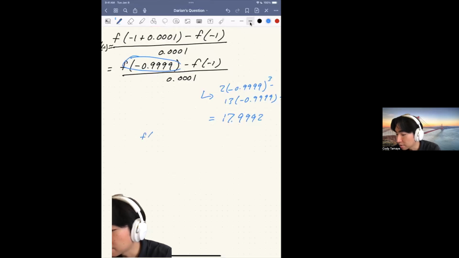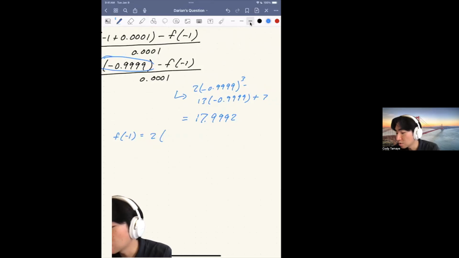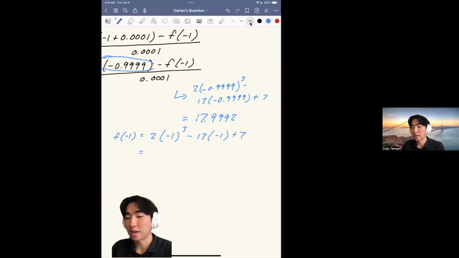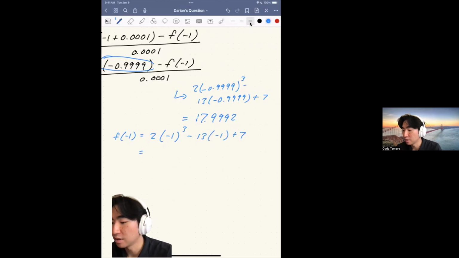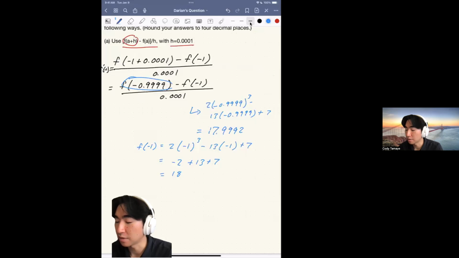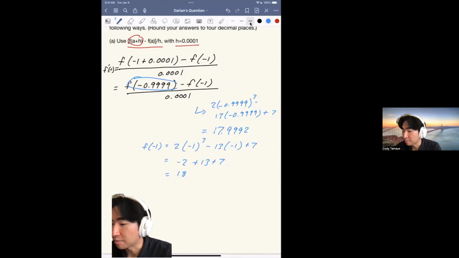So f of -1 is going to be equal to the same thing: 2 times -1 cubed, minus 13 times -1, plus 7. Let's do this calculation again. We have 2 times -1, which is -2, minus 13 times -1, which is plus 13, and plus 7. So this comes out to a value of 18. Okay, so let's plug these values in again.